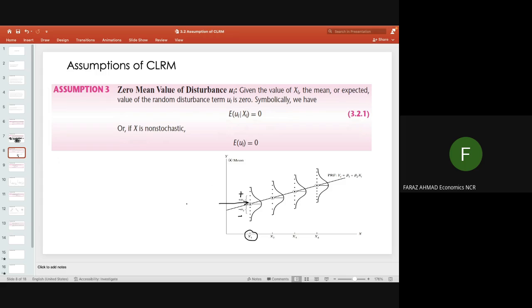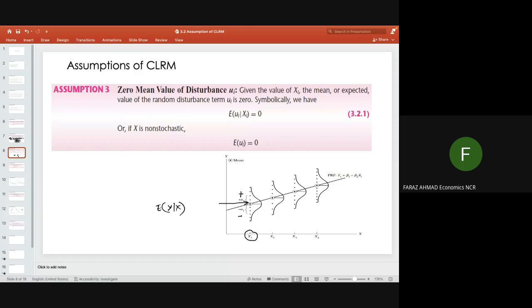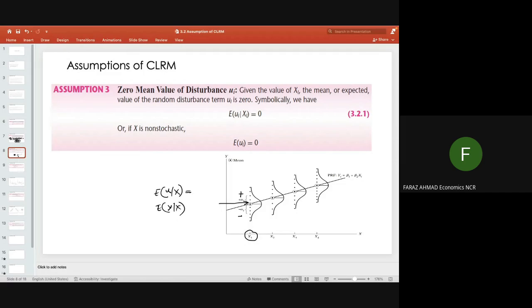You can call it the expectation of y given x. So that's the conditional mean of y given x, right? Now, if we talk about the mean of errors and I replace y with u given x, this is the quantity we are talking about, and we are saying that this is zero.